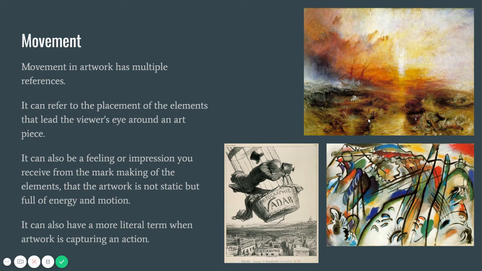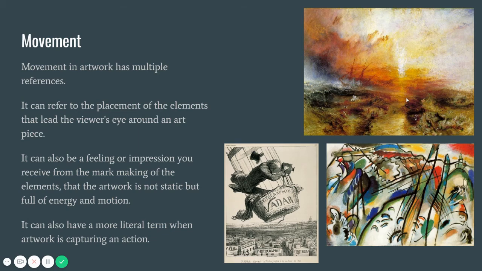And this painting here called Slave Ship, I think, is a great example because of the way that the artist made their mark and left this kind of deliberate mark making. When you look at this painting, you definitely feel like it's active, okay? Not that it's just kind of flat and sitting still. So that's another way that we can capture and see movement in artwork.